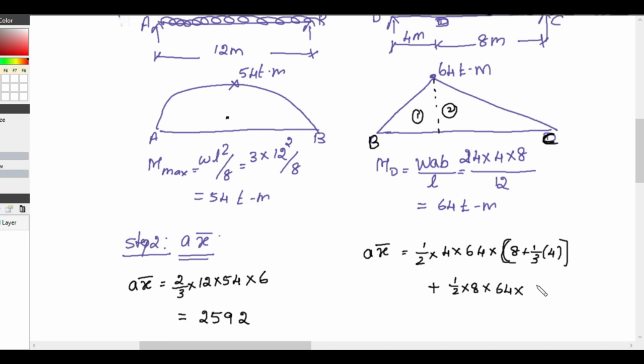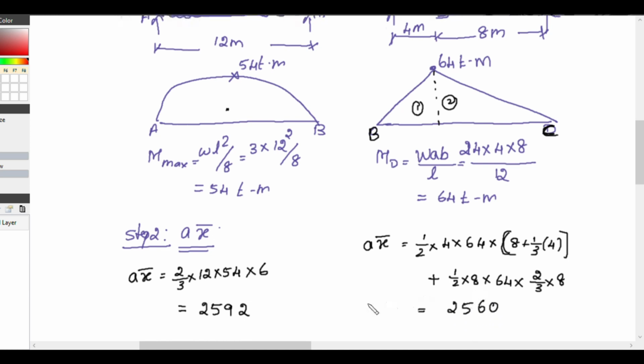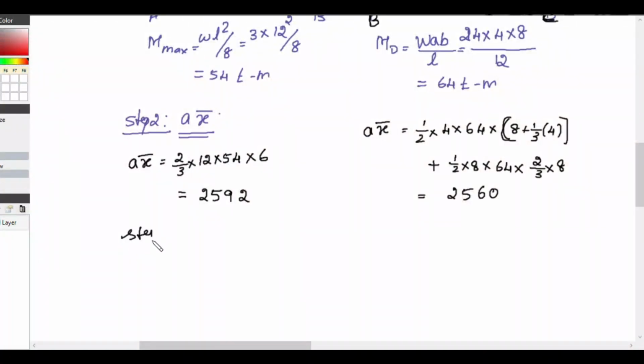This is 2 by 3 of 8. So what we get is 2560.